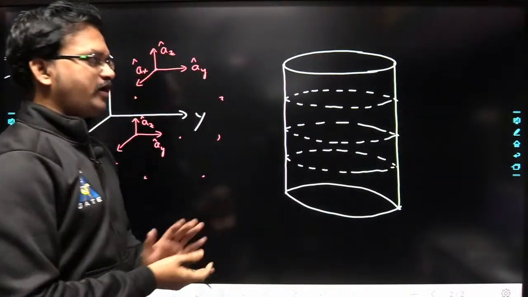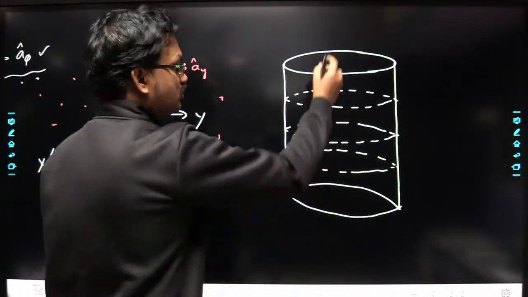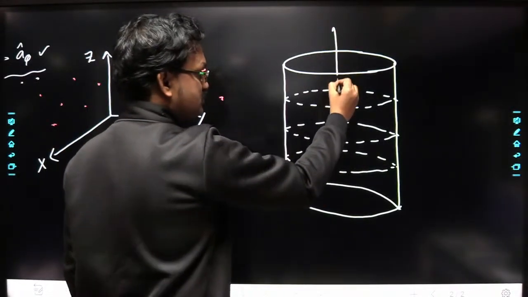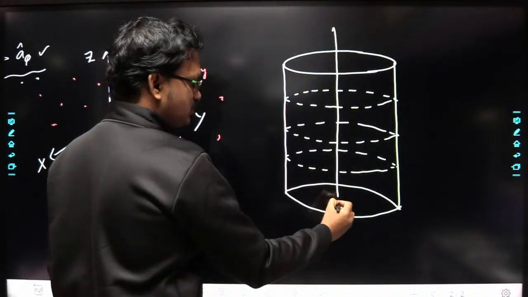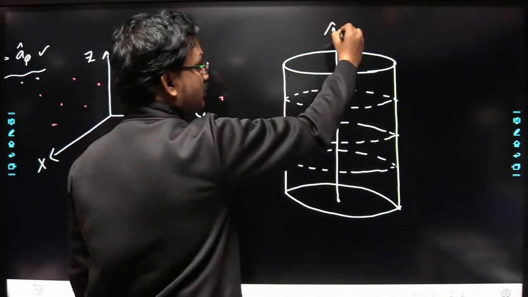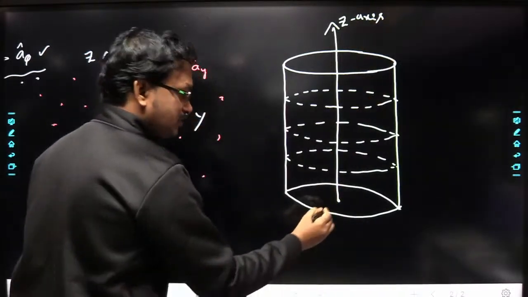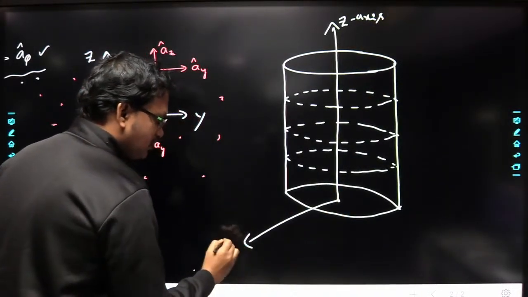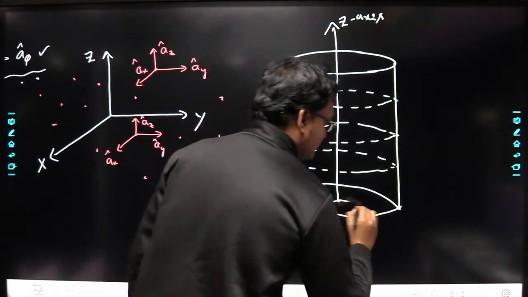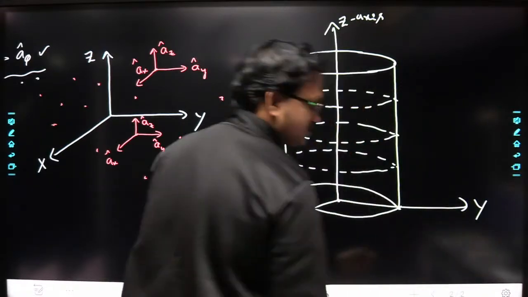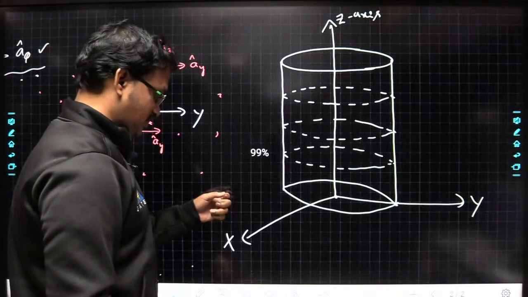I am drawing a cylinder. Now if I join all the centers of these circular rings, I will get one axis. This axis we are calling the Z axis. Now this is X axis and this is Y axis.